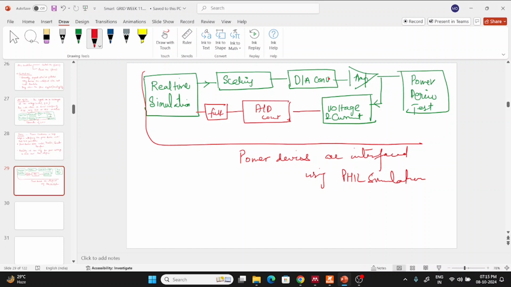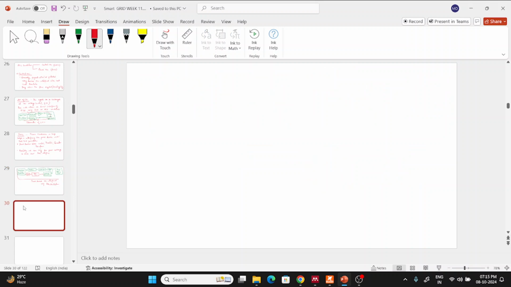Now coming toward another topic here, which I would like to discuss. Just a second. A typical architecture of DC microgrid.